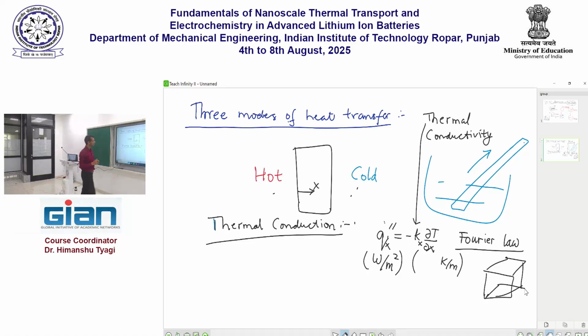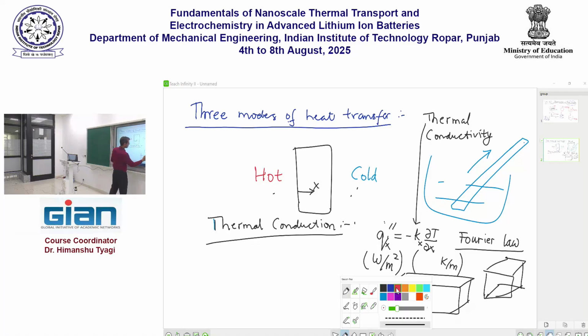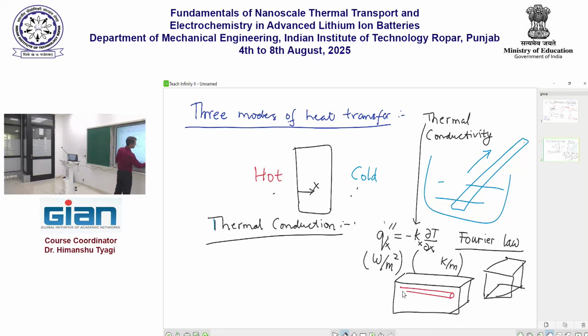However, if I take a composite material such as carbon fiber composites, in which I have fibers of carbon embedded inside a plastic matrix, and these kinds of composites are used very commonly these days, right?